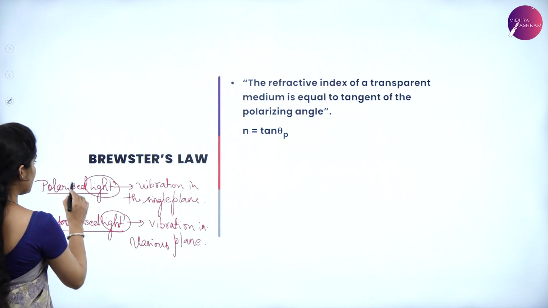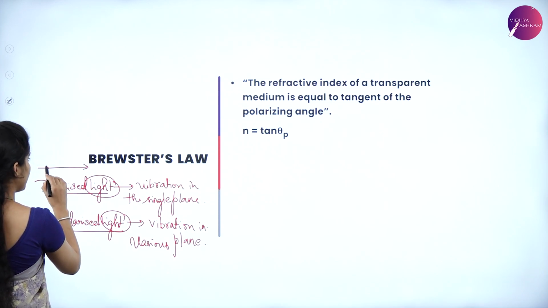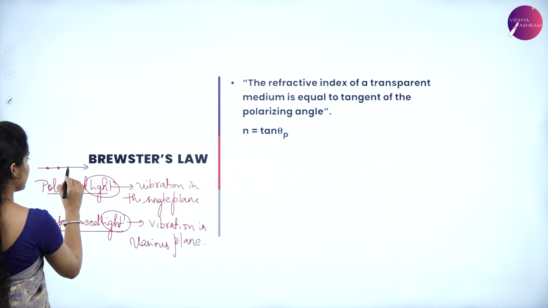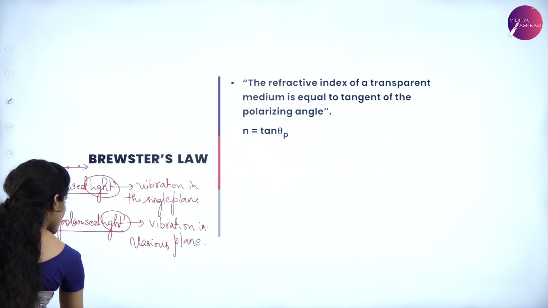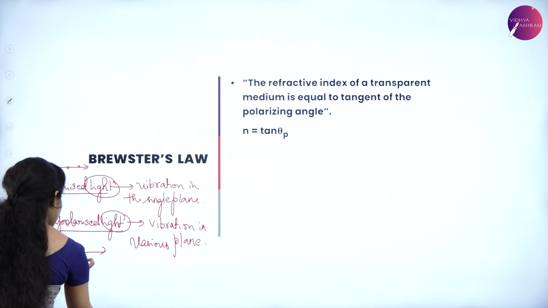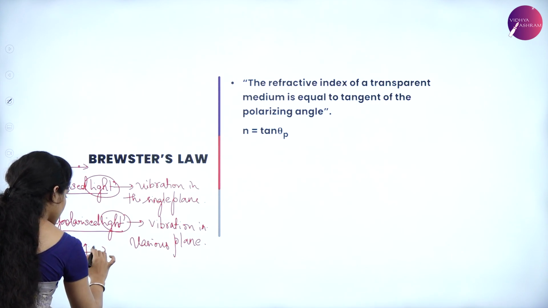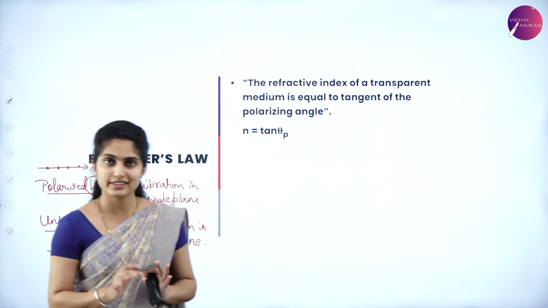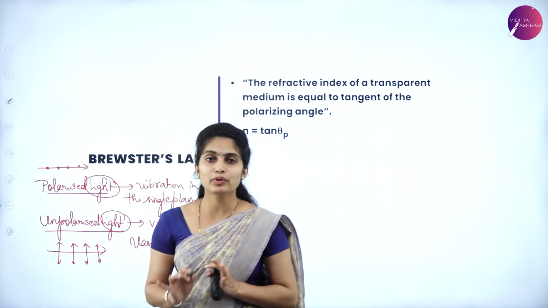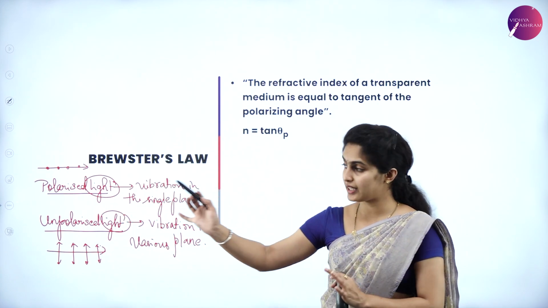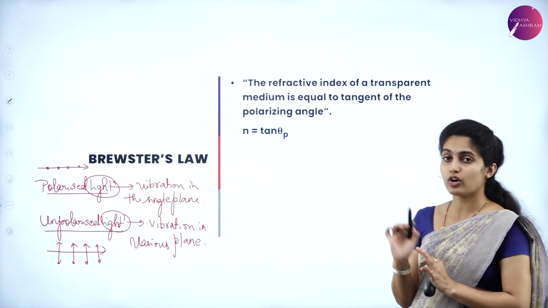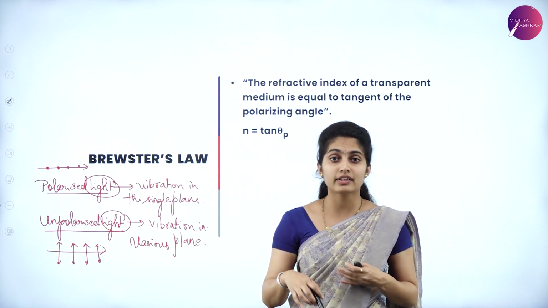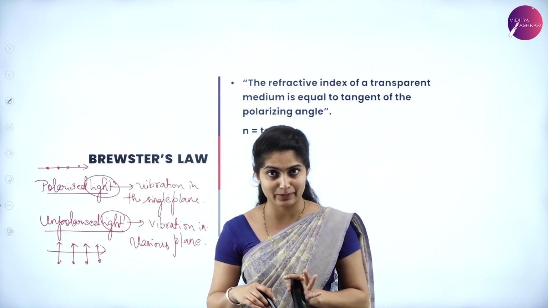The representation of polarized light will be in this manner, and the representation of unpolarized light is in this manner. I hope you understood the difference between polarized light and unpolarized light. These are concepts you have to know as a base, just as we studied in Young's double slit experiment.